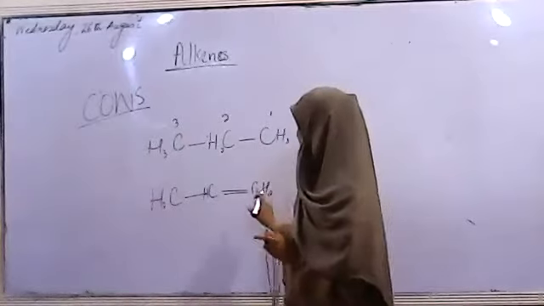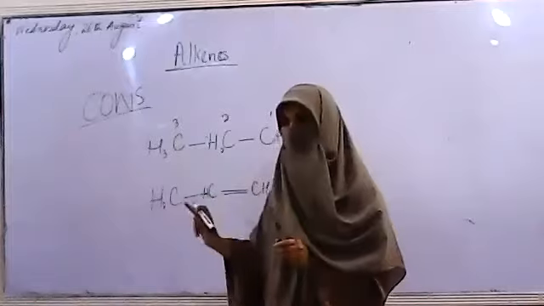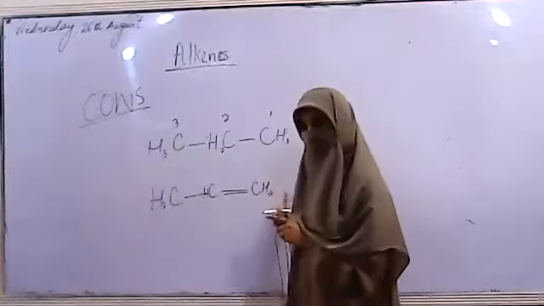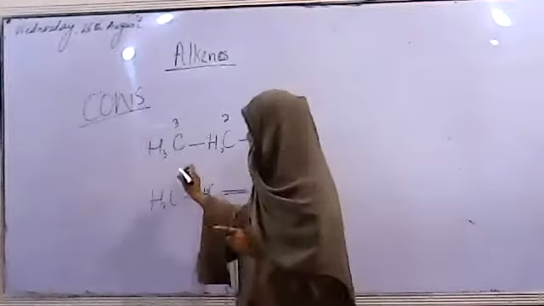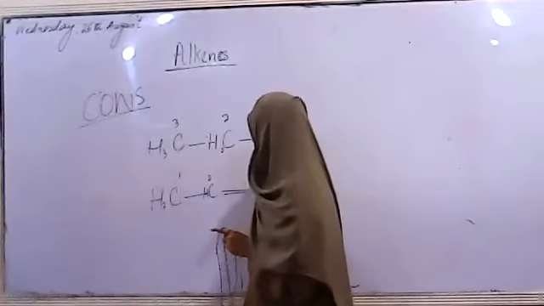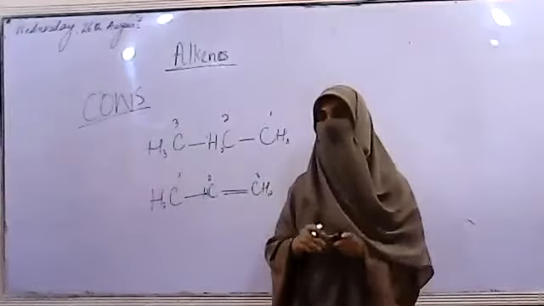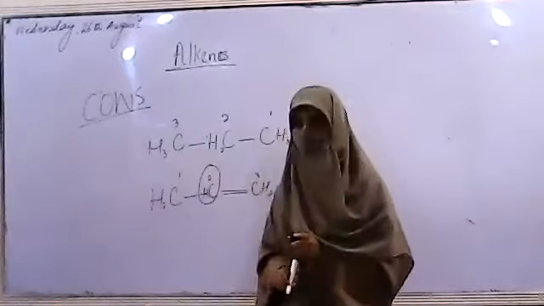But now, to number this compound, we must be very sure where to start. We have two options, either to start from the left or from the right. If we start from the left, 1, 2, 3, we use the number from where the double bond starts, so in this case it is 2-propene.